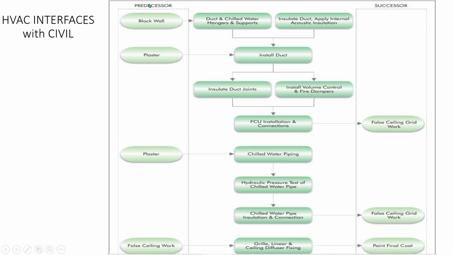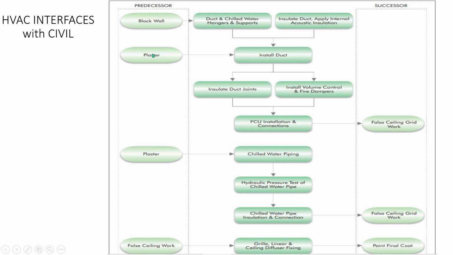So most of the predecessor activities will be done by the civil department, like block wall, plastering, false ceiling. Once the block wall installation is finished, installation of hangers and supports, installation of duct, internal acoustic insulation will be done.